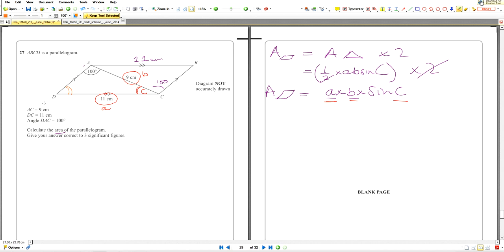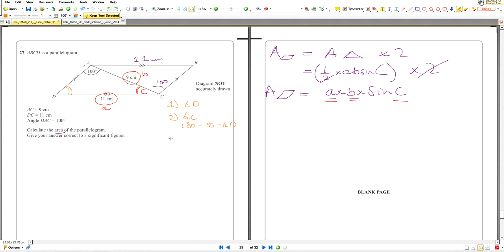Because that's what we can work out using the sine rule. So number 1, we work out angle D. Number 2, once we know angle D, we can easily work out angle C, because angle C will be 180 minus 100 minus angle D, because the angles of a triangle add up to 180.